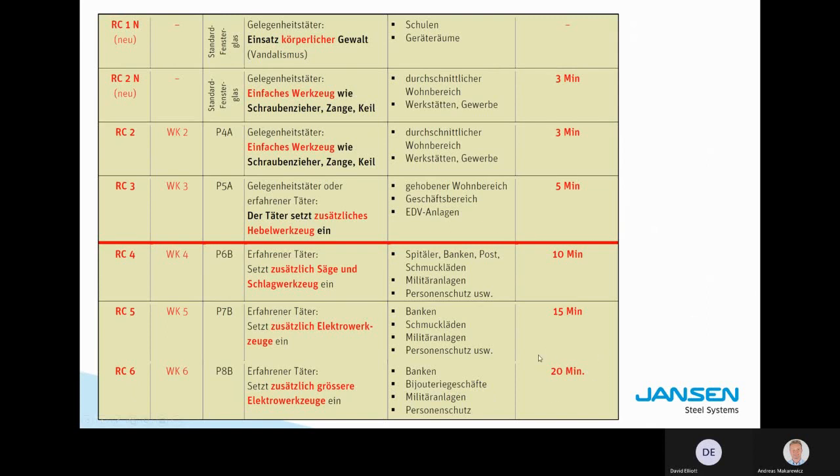And of course, the time of attack, I mean, of breaking in, increases. So the element has to resist for a longer time, more impact. So this is how this table is built. And we can build elements up to RC6.